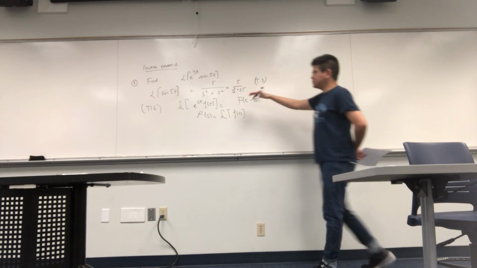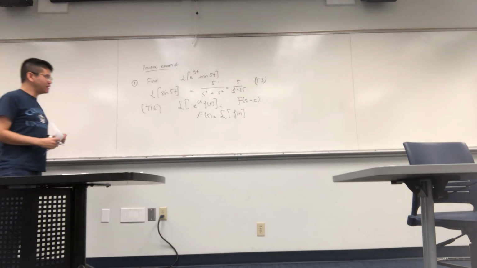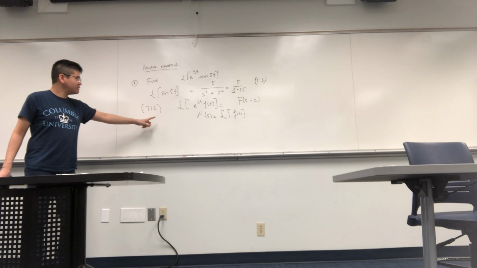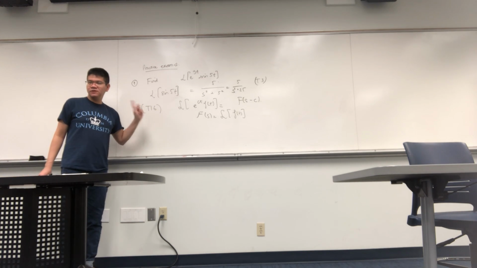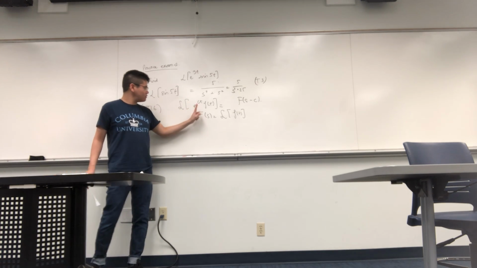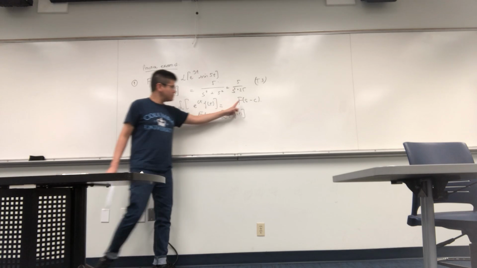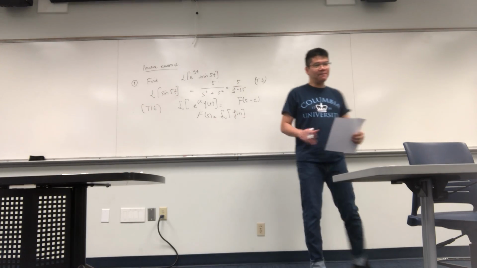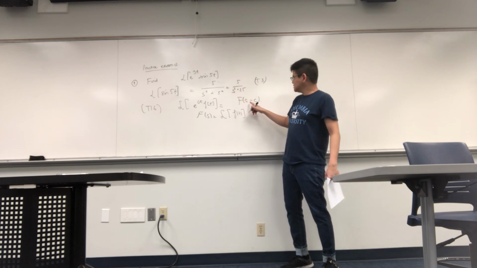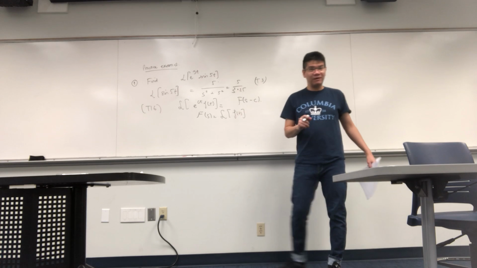The first thing you do is you take the Laplace transform of sine 5t, which is 5 over s squared plus 25. The next step is to use the shifting theorem. The shifting theorem says that if you take the Laplace transform of e to the ct times the function f(t), then you shift the Laplace transform of f by c, which means you have F(s minus c), where F is the Laplace transform of f(t).